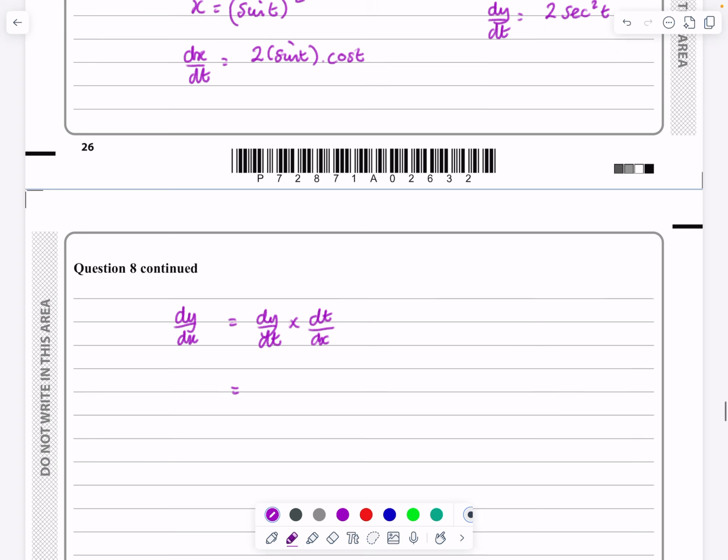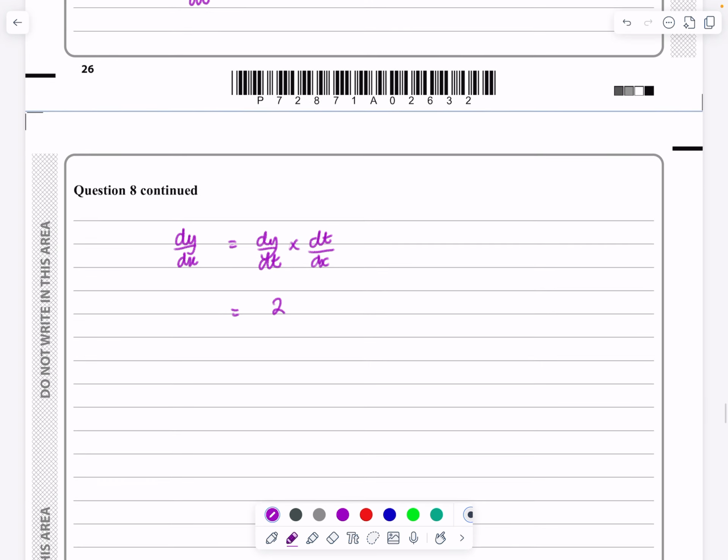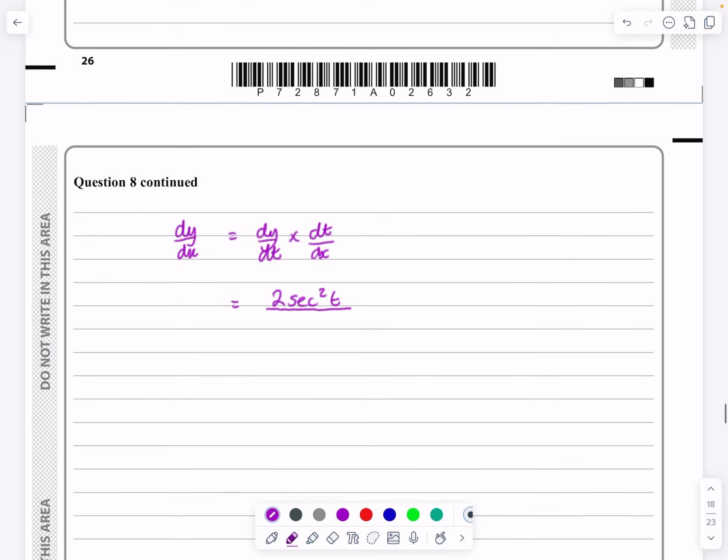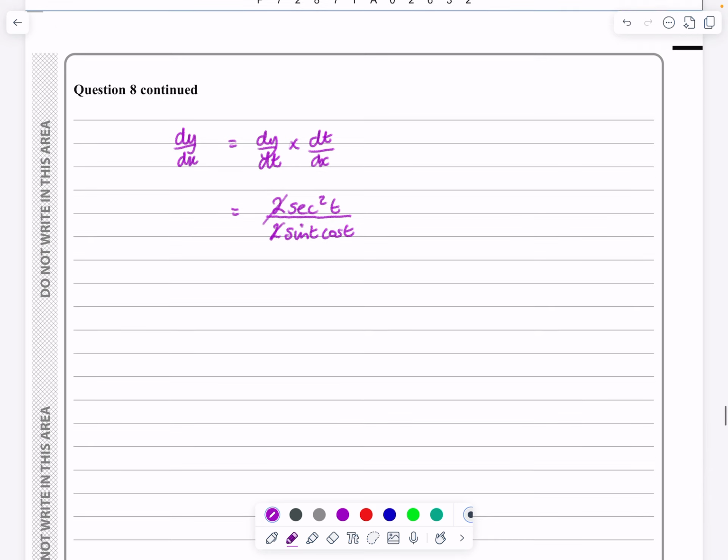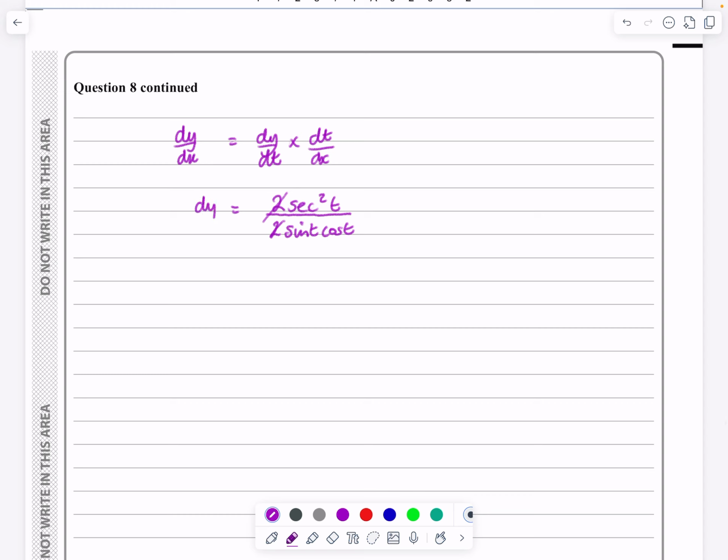So that's going to give me dy by dt, which is 2 sec squared t. But dt by dx is 1 over 2 sine t cos t. And then obviously they cancel. So dy by dx will be sec squared t over sine t cos t.